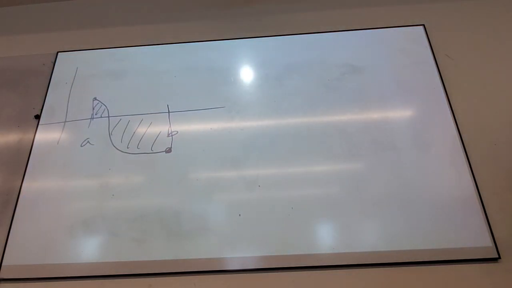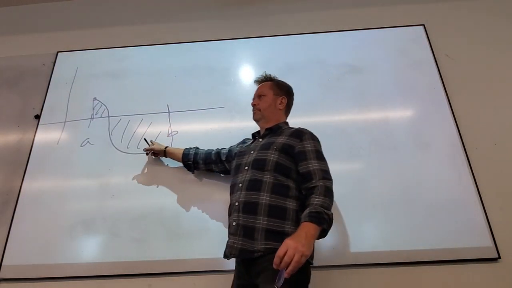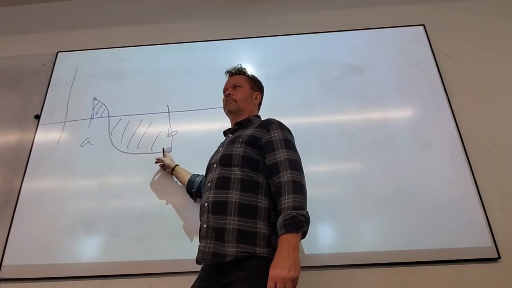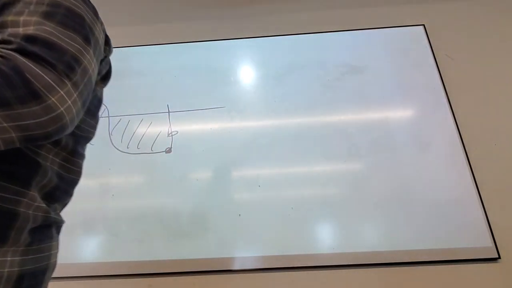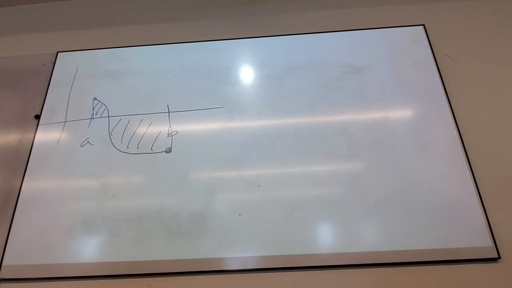Can anyone tell me what's going to be true about this piece? It's going to have something that we have been told forever cannot happen, but it can happen in mathematics. That area is going to be negative, because that area is not necessarily a physical area. Let me see if you guys are cool with this.